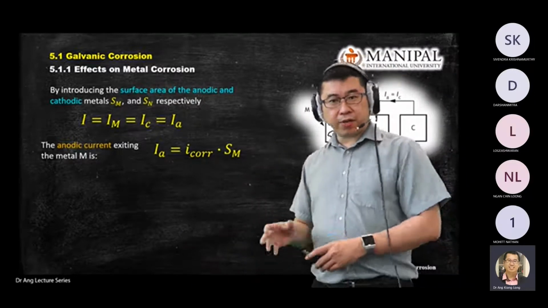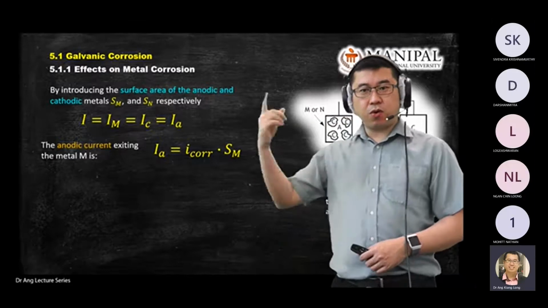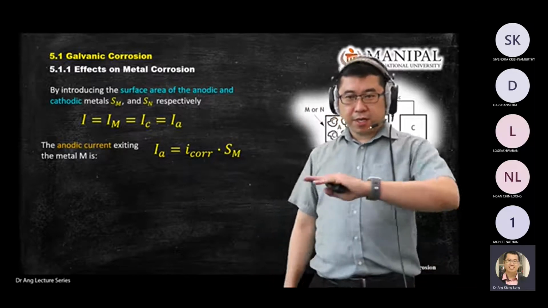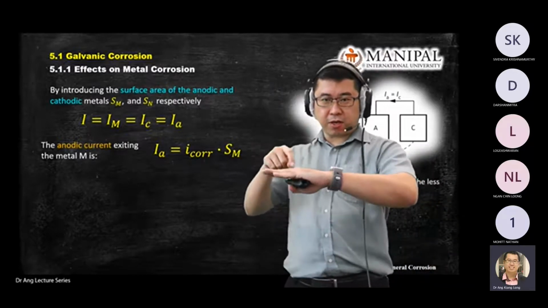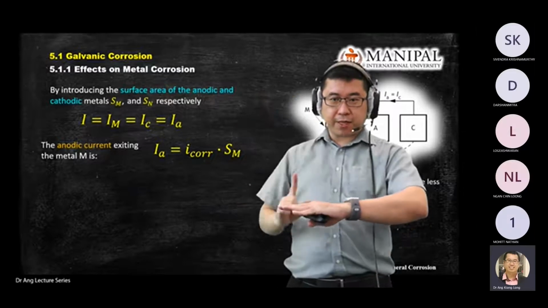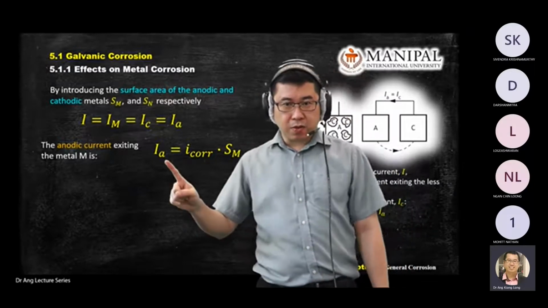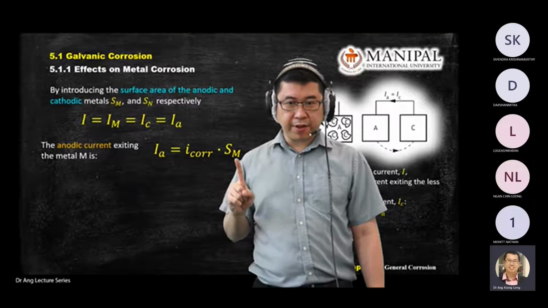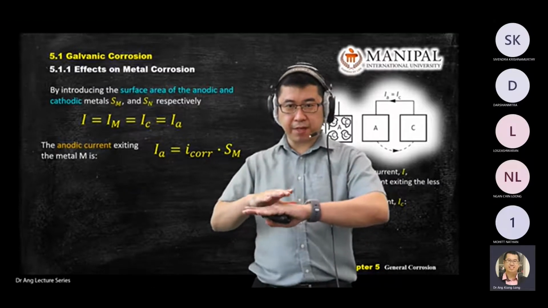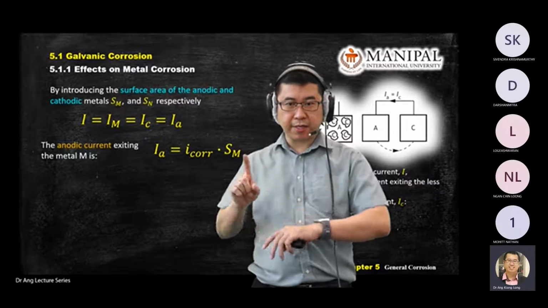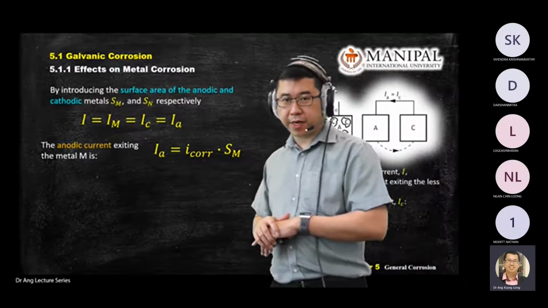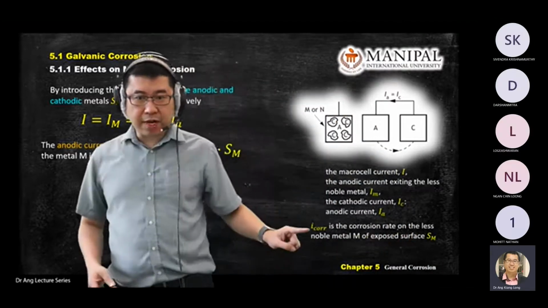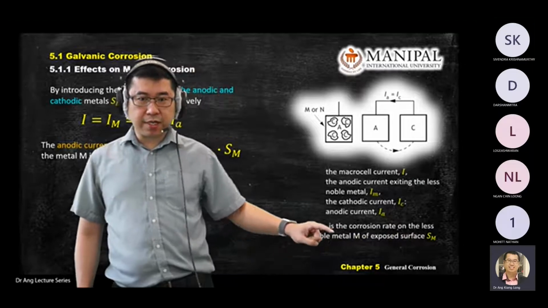We are talking about the anodic current that goes outside from the metal M, the low level nobility metal. It equals I corrosion multiplied by the surface of M, the less noble metal here. S means surface area. I corrode means the corrosion rate.